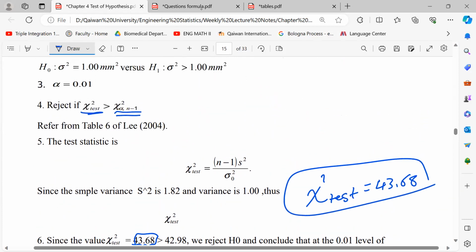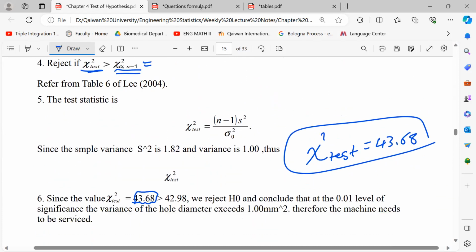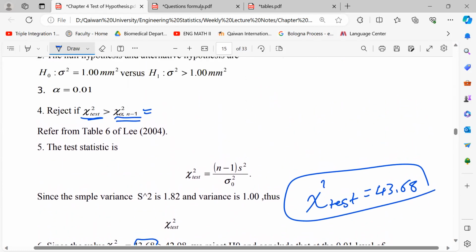In step 4, we obtained 42.98 from the table. And this is the calculation. Compare these two. Which one is bigger? The chi-square test is bigger than that value.